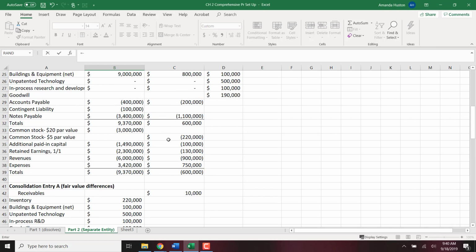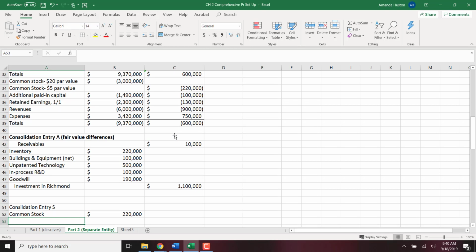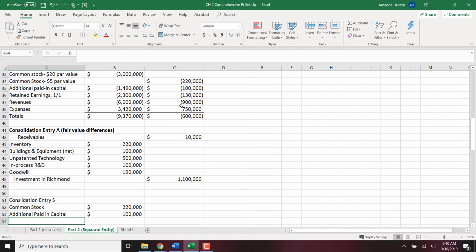So if it's a credit balance, you're going to debit the common stock. You're going to debit additional paid in capital. You're going to debit retained earnings because you own their retained earnings.